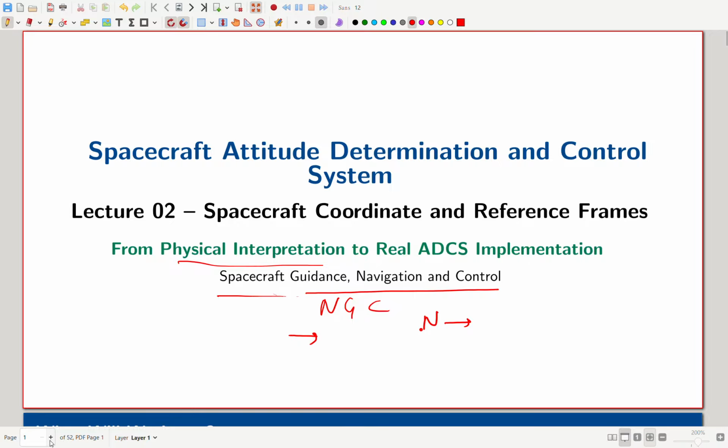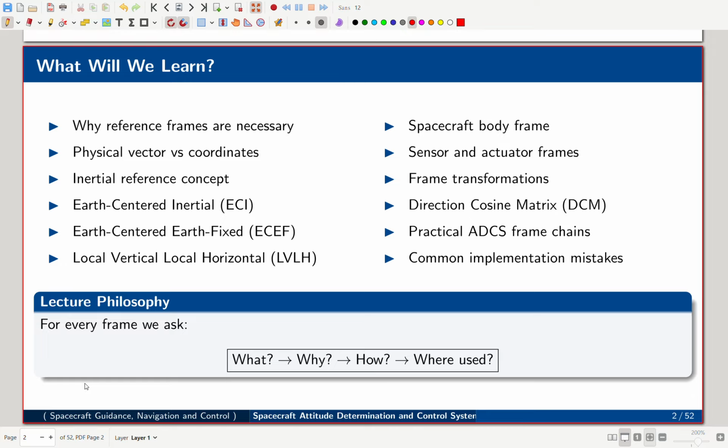So what will we learn here? Why reference frames are necessary, physical vectors versus coordinates, the inertial reference concept, Earth-centered inertial (ECI) and Earth-centered Earth-fixed (ECEF), which is also very important, local vertical local horizontal, short form LVLH, the spacecraft body frame, sensor and actuator frames, frame transformations, the direction cosine matrix (DCM), practical ADCS frame chains, and common implementation mistakes.